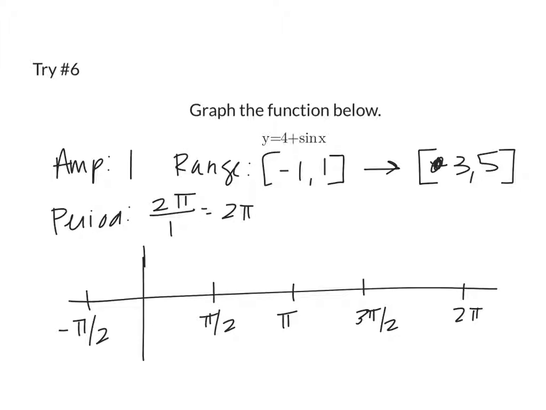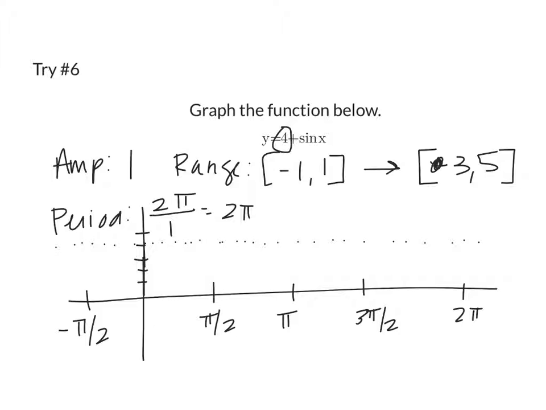Sorry, it's from 3 to 5. So I need to give myself more space up here. It says 1, 2, 3, 4, 5. At 4 is now my new x-axis, if I want to think about it like this. So at 4, right in here, that's my new x-axis.